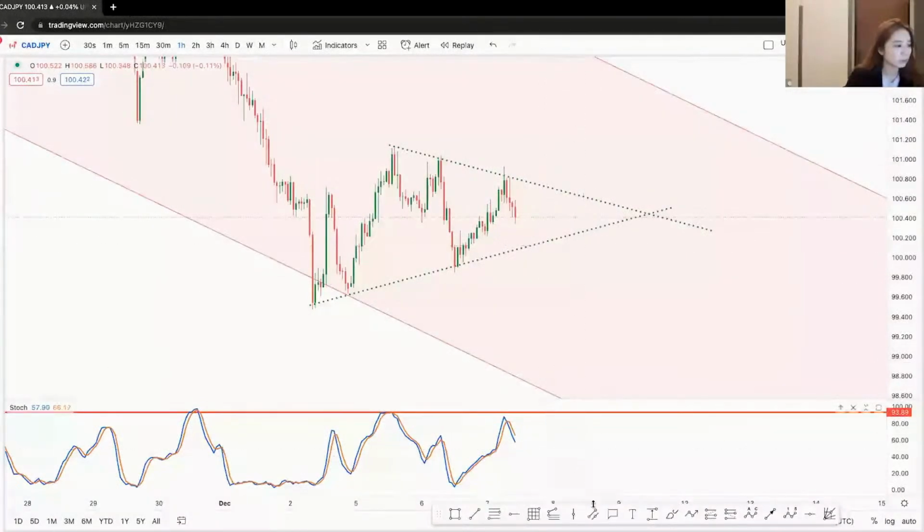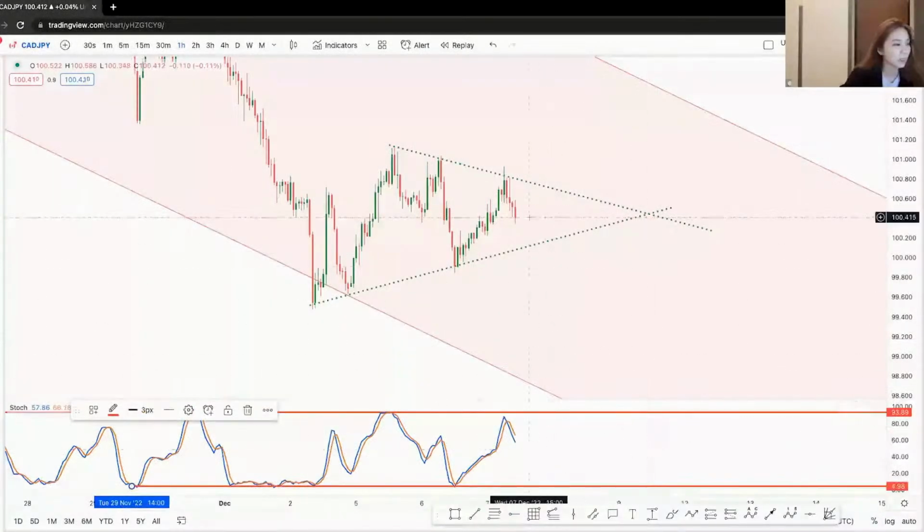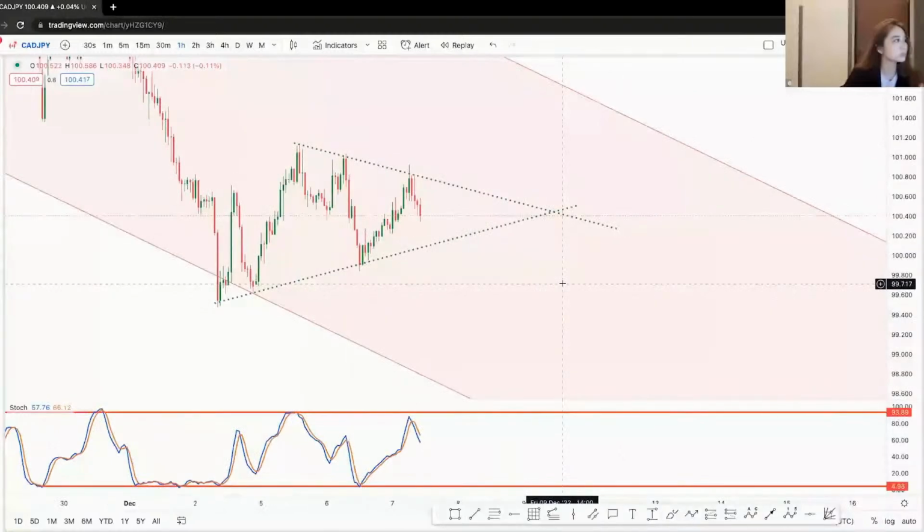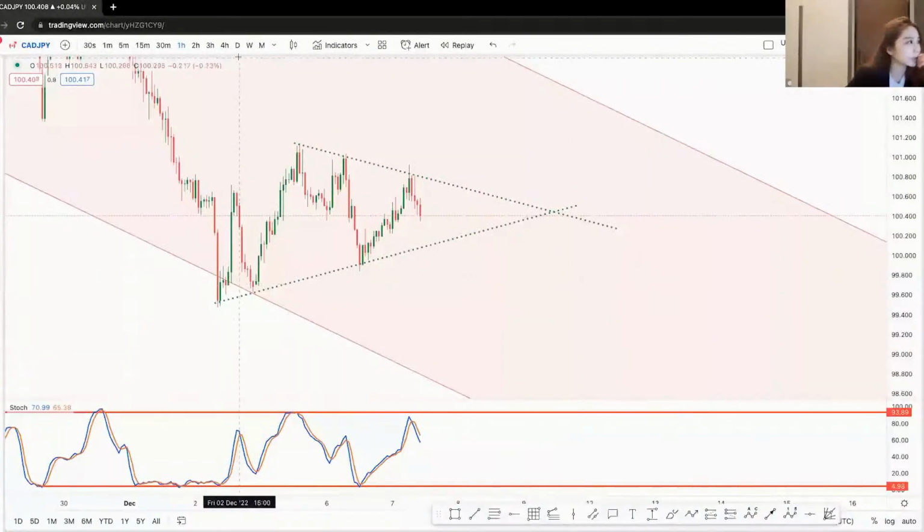Looks like it's more of a downfall for the short term, and it has stopped a bounce up over here. CAD yen is pretty odd.